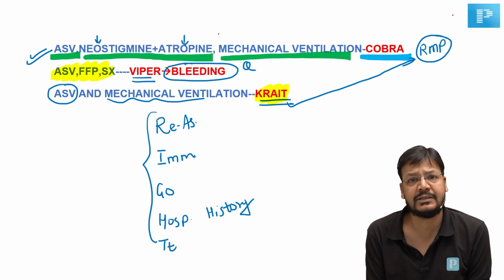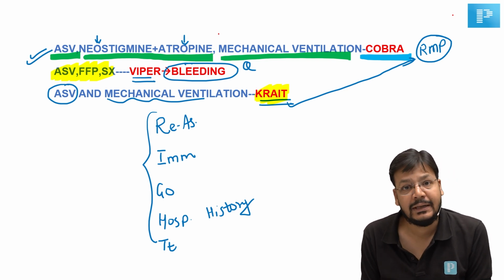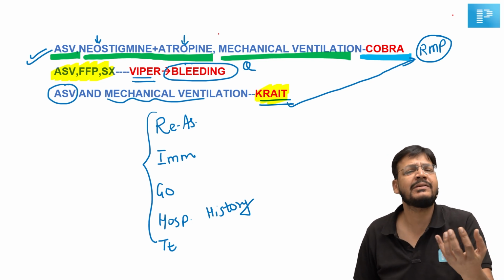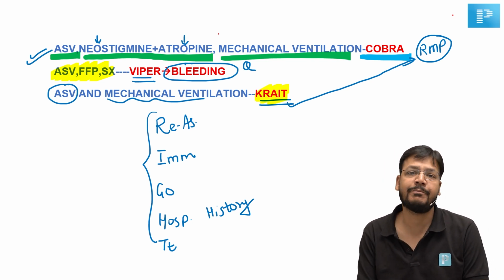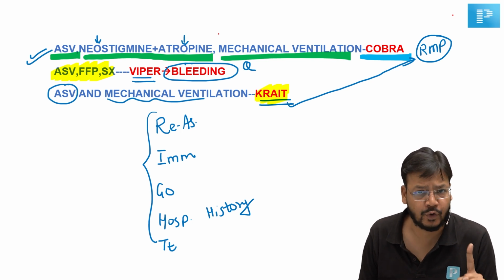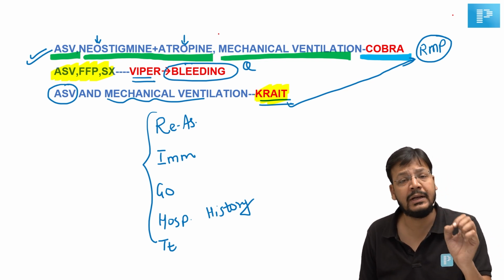R for reassurance, I for immobilization, G for go, H for hospital, go to the hospital quickly, give proper history, tell them what the snake looked like, and T for treatment has to be taken. Remember my dear friend, neostigmine and atropine is given for cobra bite, and for krait, no neostigmine, no atropine, only mechanical ventilation and anti-snake venom.